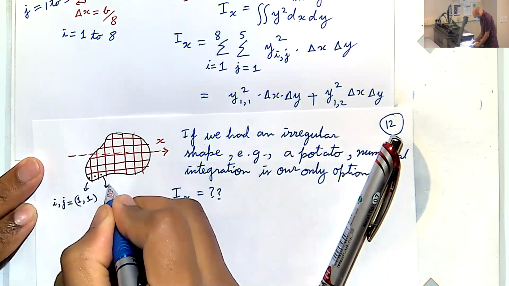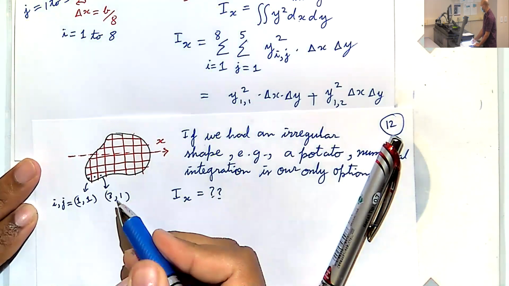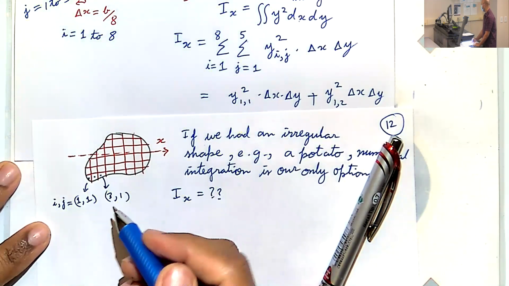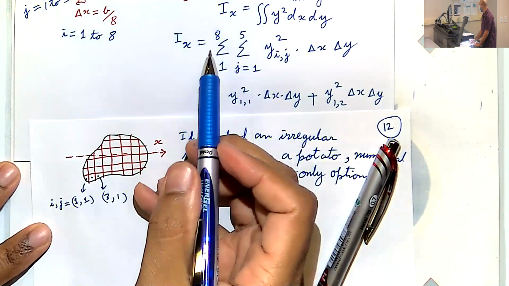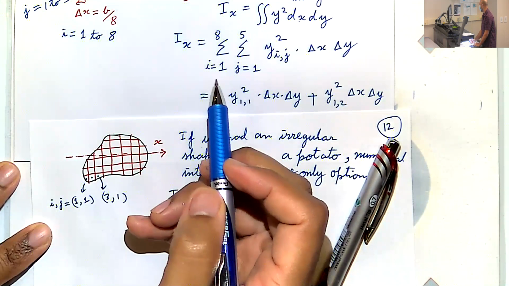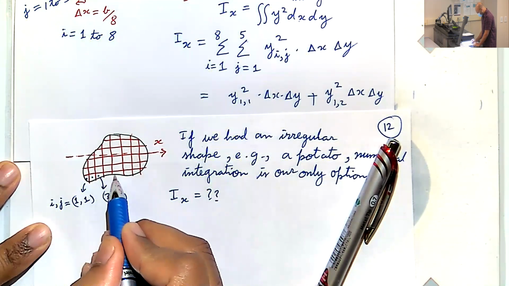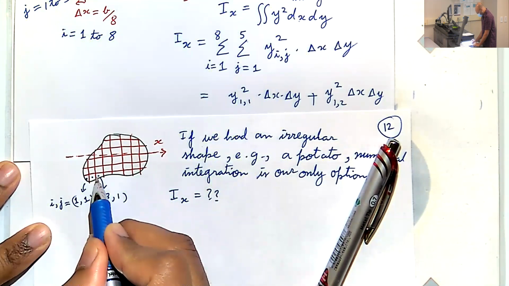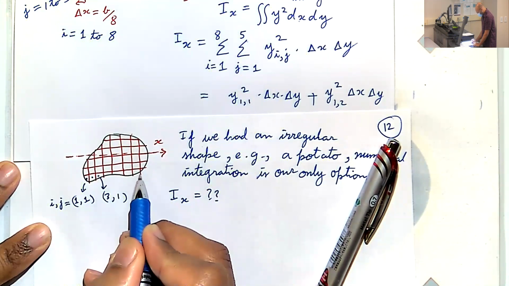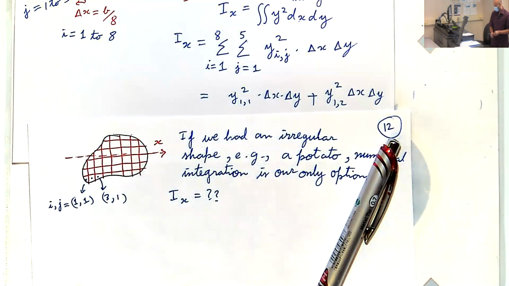For that guy, it's 1, 2, 3, 3, 1, etc. Now it becomes a bit difficult to write it cleanly. i goes from 1 to 8, j from 1 to 5, because you see the first row here has 8 boxes. The other ones have fewer or more, so you have to keep track of that.